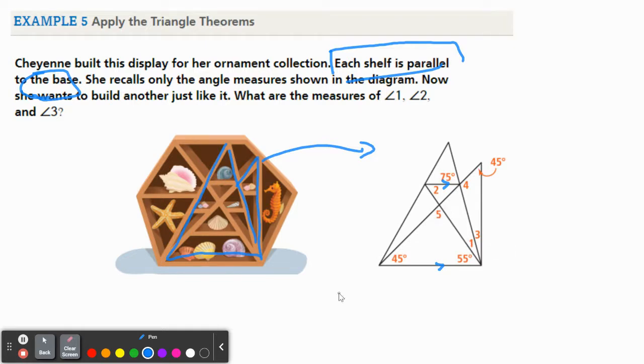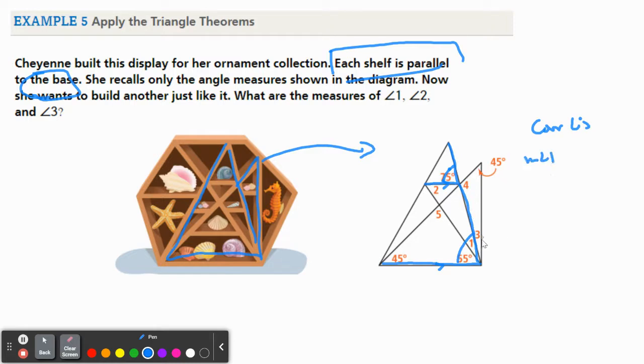Well, if we take a look at this picture, we can use the parallel lines to help us find angle 1. If I sketch this parallel line, this parallel line, and this transversal, the 75-degree angle here is corresponding with angle 1 and the 55-degree angle down there. So we can use parallel lines and corresponding angles to set up the following equation.